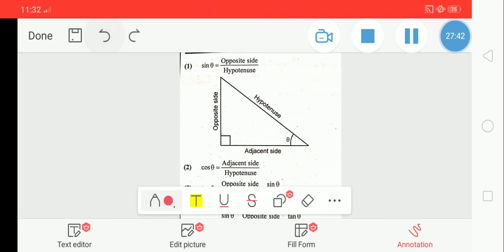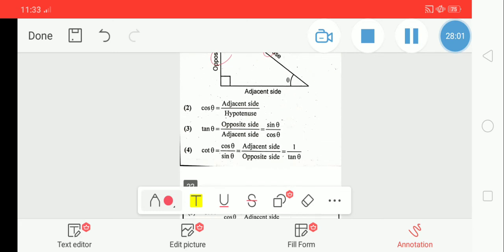Tan theta is opposite side divided by adjacent side, and cot theta is adjacent side divided by opposite side. Then sec is hypotenuse divided by adjacent, and cosec is hypotenuse divided by opposite side.